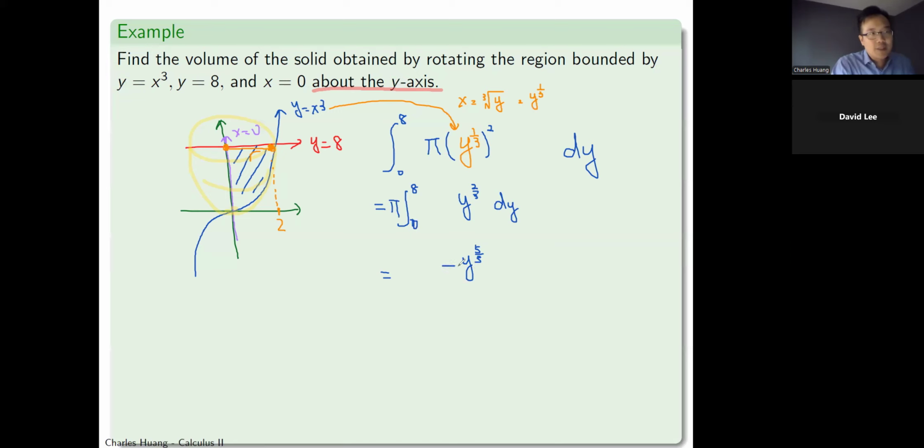And what we're going to do is have 3/5 on the bottom. You can always double check: the derivative of this, the 5/3 comes down and cancels out the 3/5. That's why they're reversed. So I can write it like that.